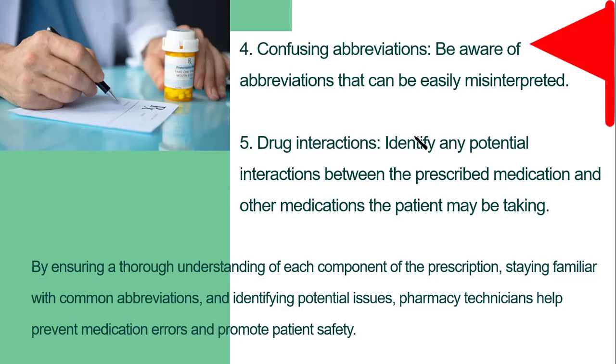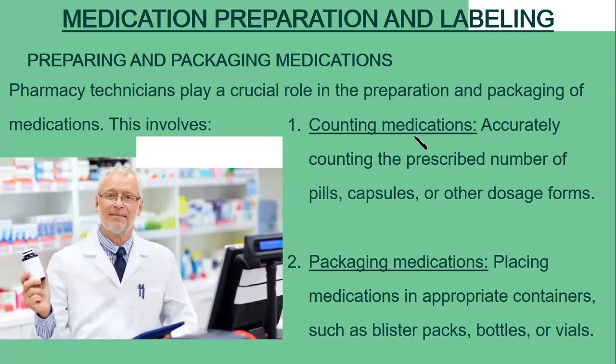When you have a thorough understanding of the prescription, the abbreviations, and potential issues, you can identify any issue lurking somewhere, and it will help us prevent these errors that we fight against every day in the pharmaceutical business, and overall, holistically, promote patient safety and good health outcomes for patients.